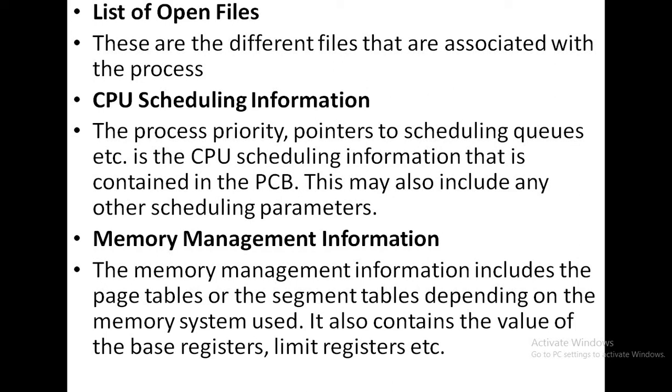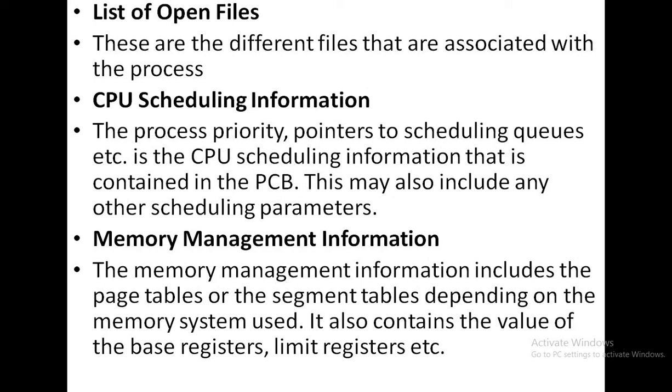Those are related with the executable file or executable process. That's why the process control block also keeps the information or the list of the different open files related with the process execution.